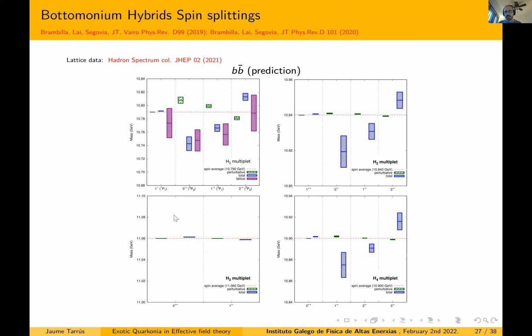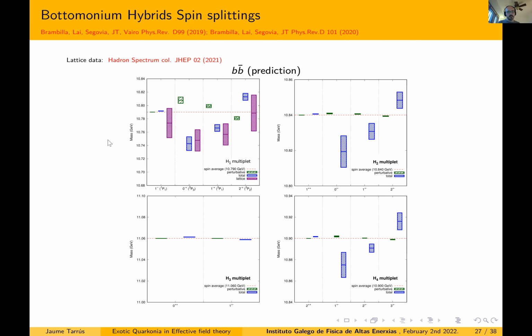What is nice about these results, which are these blue boxes, where the central line is the central value and the height of the box corresponds to the uncertainty, is that later on the Hadron Spectrum Collaboration also computed the spectrum of bottomonium states, in particular bottomonium hybrid states. These are the results in purple here. The later results from the lattice agree very nicely with our predictions for the bottomonium hybrid hyperfine splitting. So we were very happy with these results.